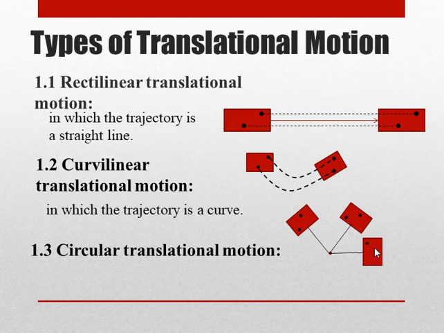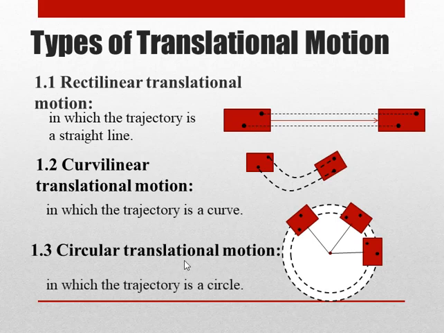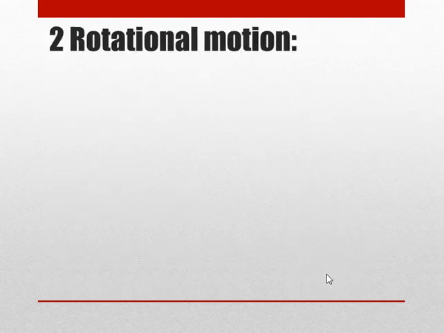This happens to a car, for example, when going around a roundabout. But look at the trajectory of all the points. They are circles. Simply, circular translational motion is motion in which the trajectory of any point is a circle.